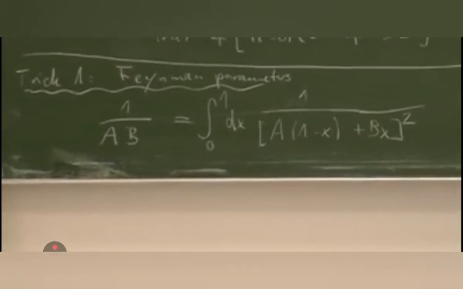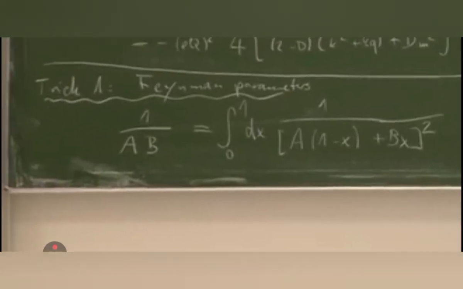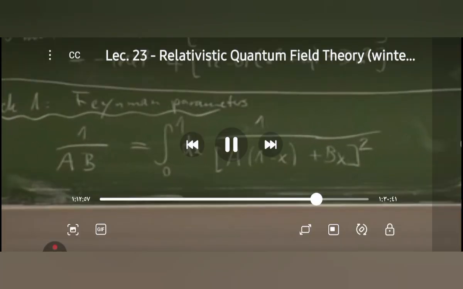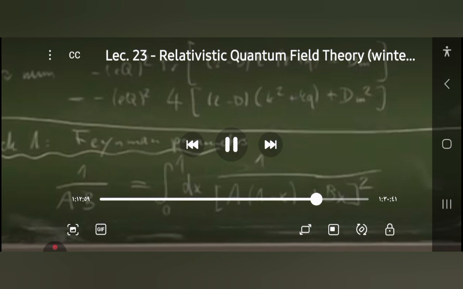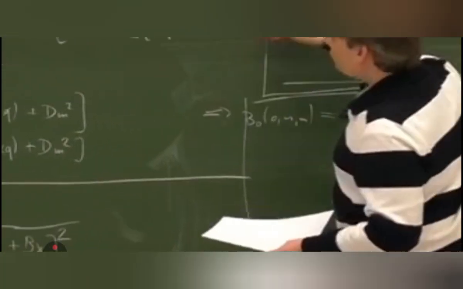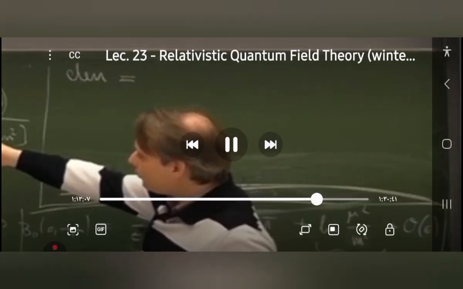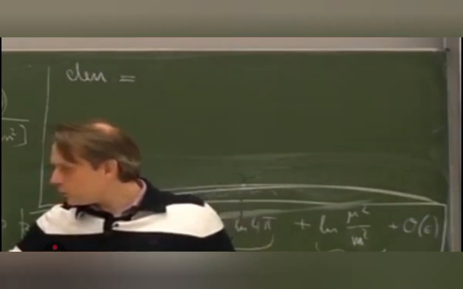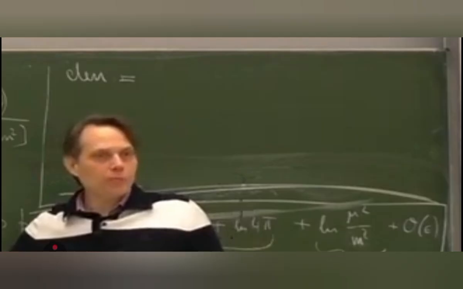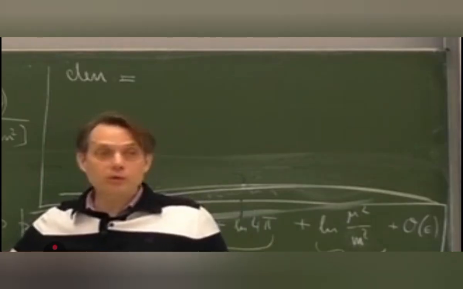And so that can now be applied to simplify our denominator. Let's do that here. Our denominator of the Feynman diagram was a product of 2 different denominators, and with Feynman parameters we can make it into 1 denominator squared, which is similar to our master formula.